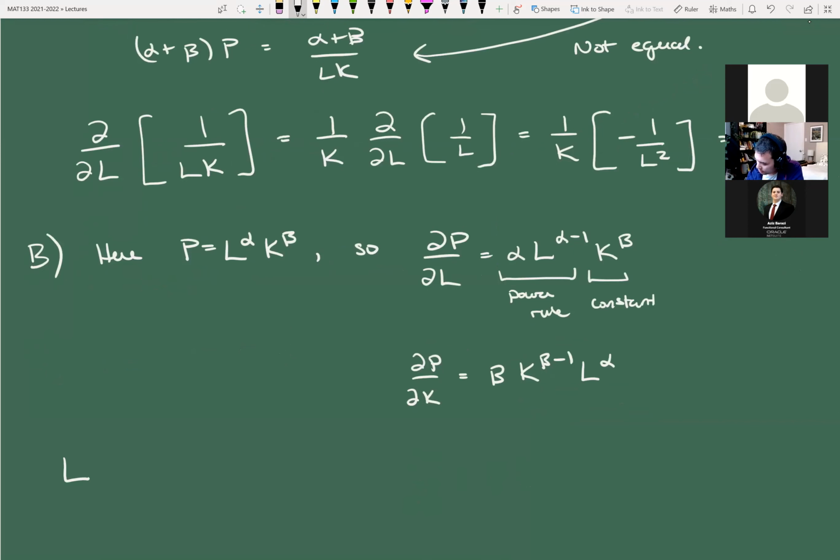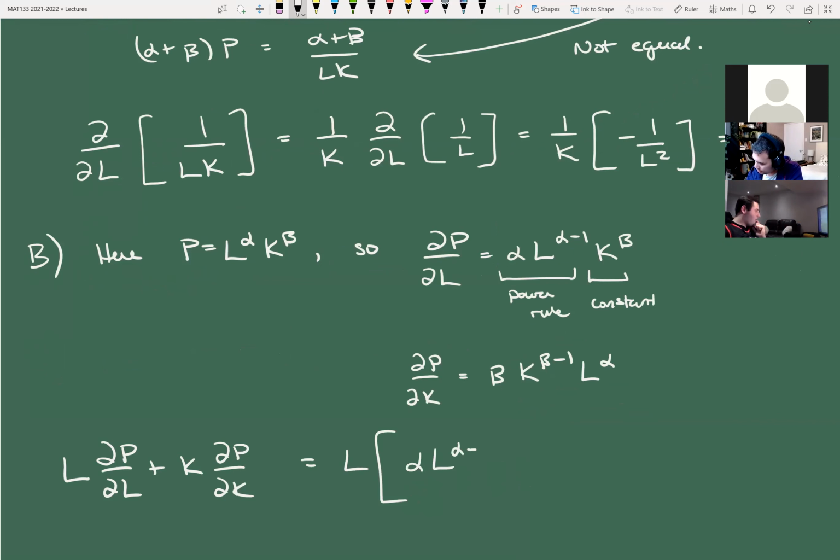So L ∂P/∂L plus K ∂P/∂K. Let's go and plug those things in. So we're going to get L times alpha L to the alpha -1, K to the beta, plus K times beta L to the alpha, K to the beta -1.